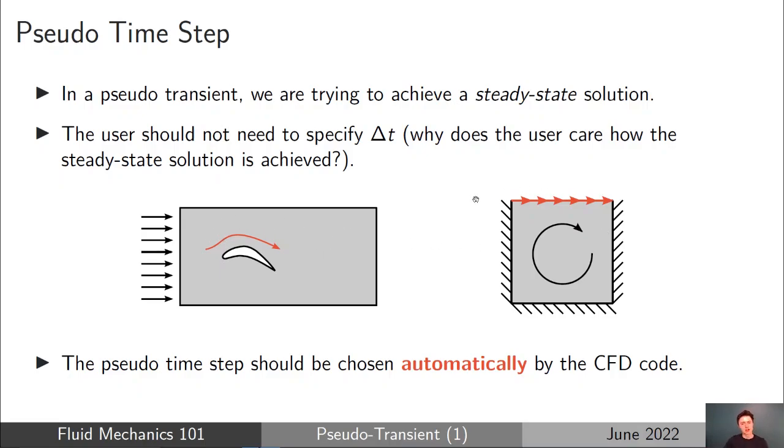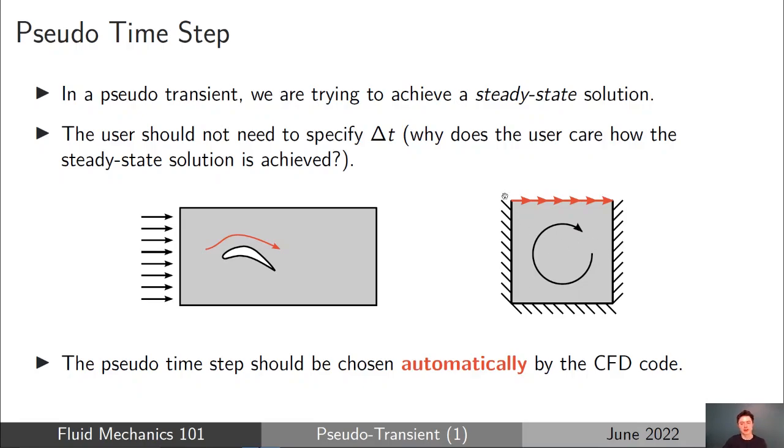And so when the user approaches the CFD code, they will look at the case of flow over an aerofoil or a cavity, and they should not need to know what time step we need to achieve the solution, because they just want the steady state converged final solution where everything balances. Why should the user need to care about how we increment up to that solution? This should be handled automatically by the CFD code. The lid-driven cavity flow is an easy example of that, because we don't know how we should achieve this solution numerically.